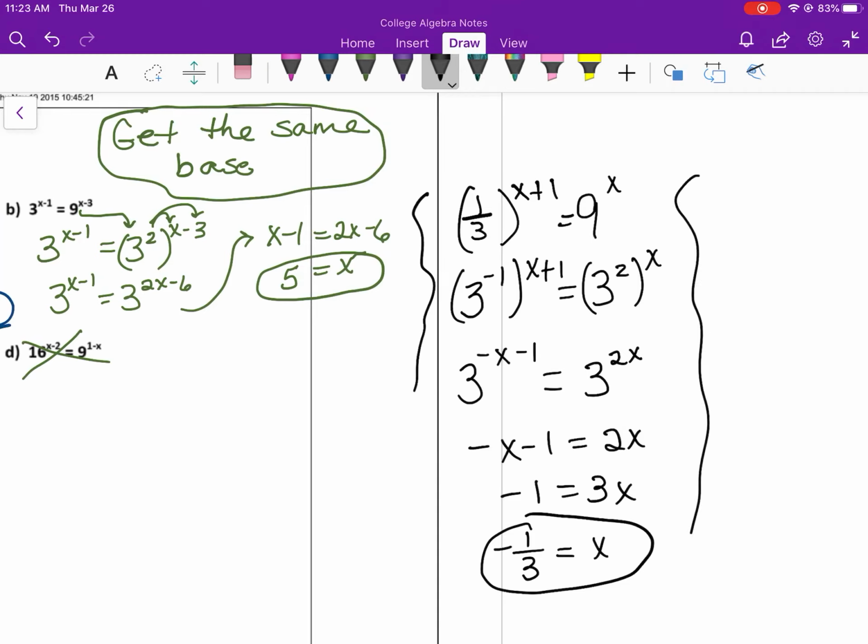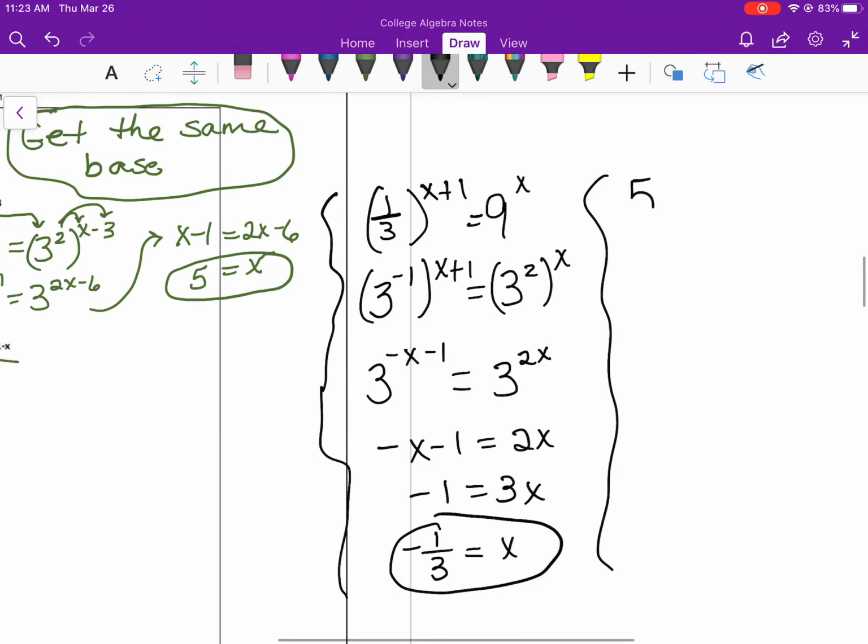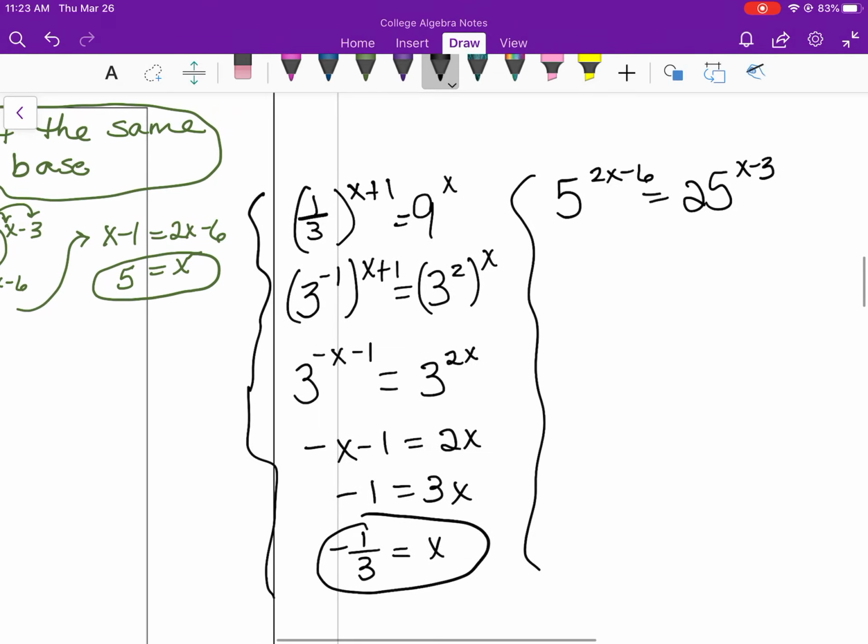Here's another one. Okay, what would be a common base between 5 and 25? 5, okay. 5 squared to the x minus 3.